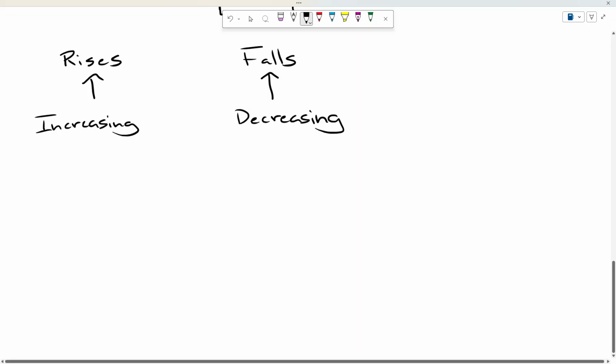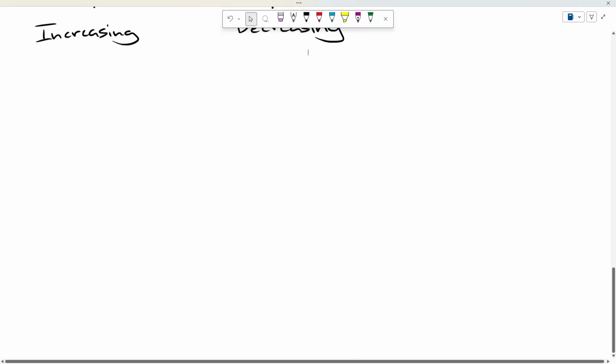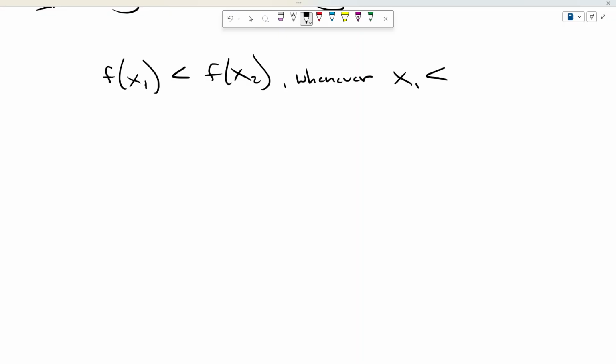So our definition tells us that f is increasing on an interval I if f of x1 is less than f of x2 whenever x1 is less than x2.